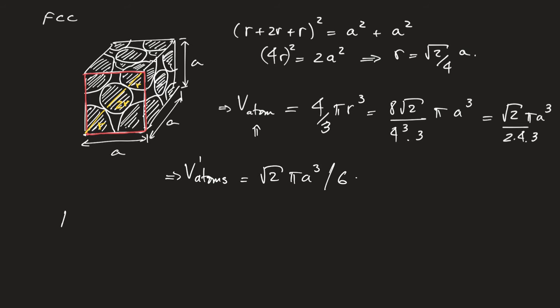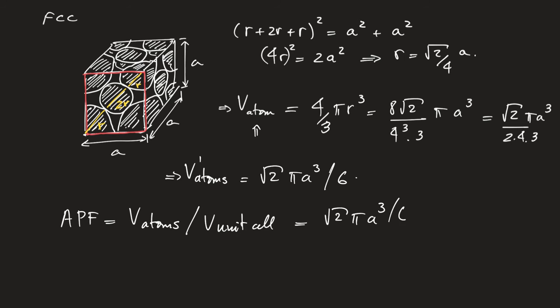And then the atomic packing factor will be the volume of the atoms as before over the volume of the unit cell. It's gonna give us square root of 2 pi a to the power of 3 over 6 over a to the power of 3, right? Because the volume of our unit cell here is still the same.